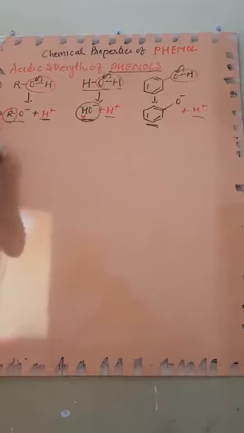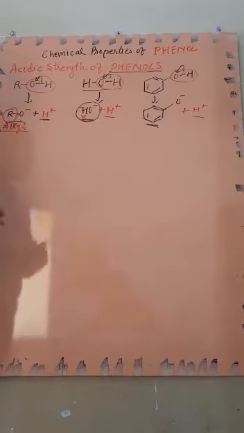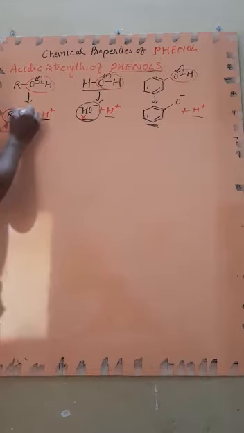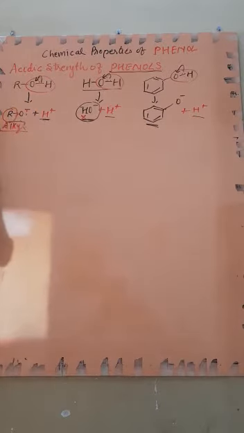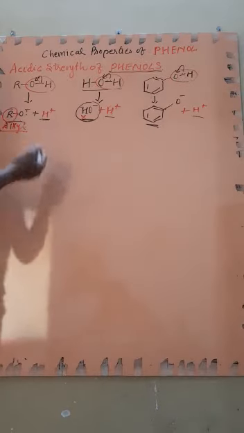But here R is an electron precise alkyl radical, and alkyl radical has the tendency to release electrons. Oxygen is already electron efficient, so even if R releases electron on oxygen, the oxygen will be more destabilized.